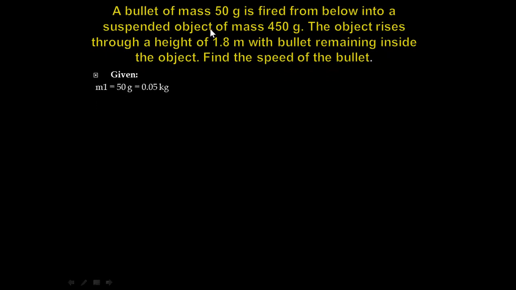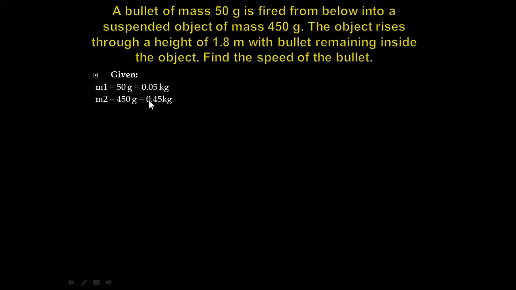Let's declare our first variable, m1. We're going to use m1 for the mass of the bullet, which is 50 grams. If we convert it to kilograms, this is 0.05. M2, on the other hand, is the mass of the suspended object, which is 450 grams.